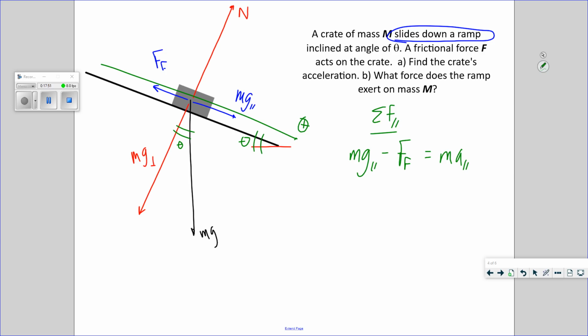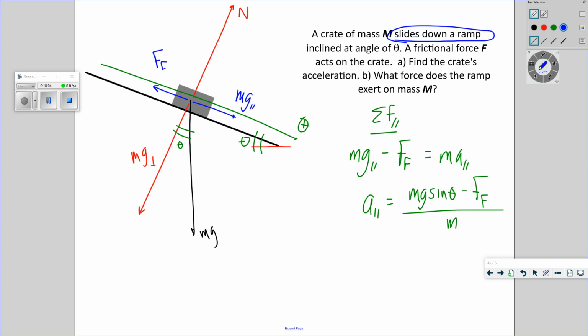All right. So all we can say is a parallel is mg sine theta minus the friction force, divided by m. This tells us a couple of things. Our a will be positive if this term is bigger than this term, and positive means down the slope. This thing will speed up. It's sliding down the ramp, so if mg parallel is bigger than the friction force, it speeds up on the way down.